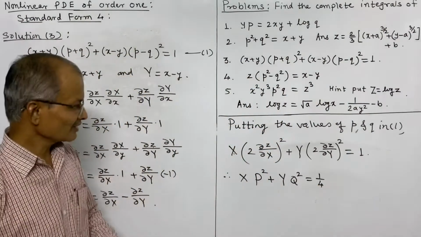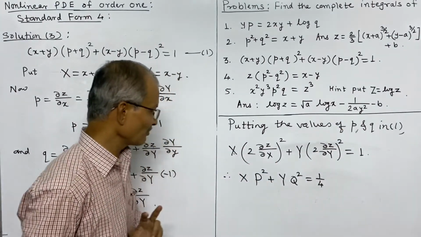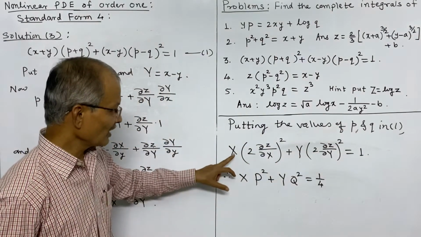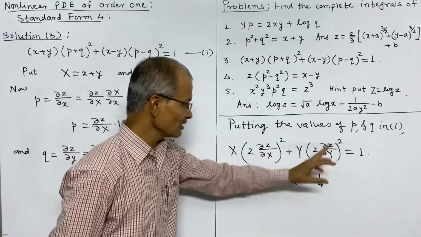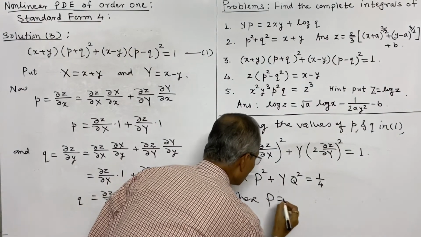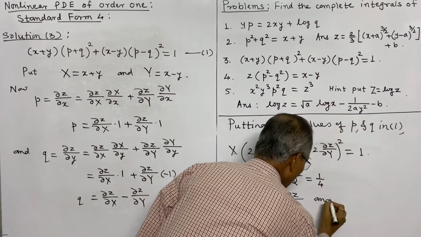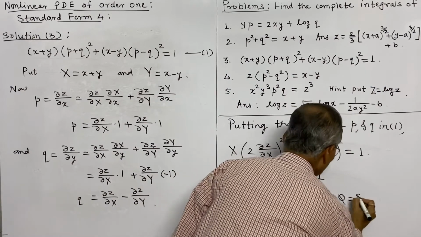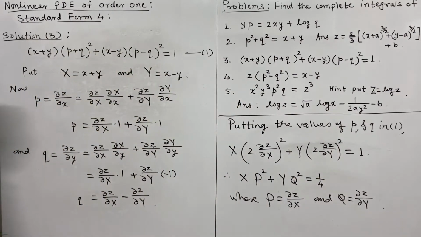Now you can understand this. What we have done is 4 is shifted to the other side, that becomes 1 by 4, and we have written x as it is, and we put this value as capital P, this as capital Q, where capital P is dou z by dou x, and so this is what we have done.